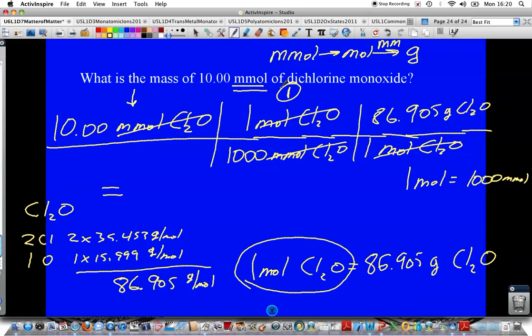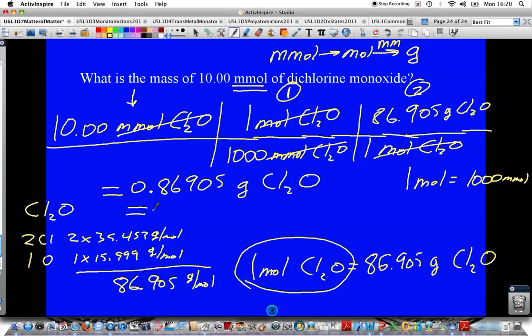I hit enter, get an answer, and then I go to step 2. And since this is on top, I'm going to multiply it by 86.905. I hit enter, and my answer is 0.86905 grams of dichlorine monoxide.